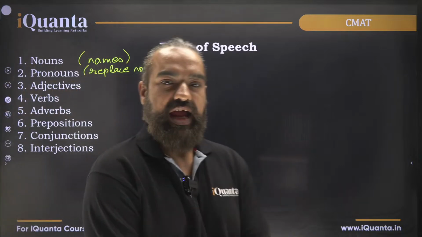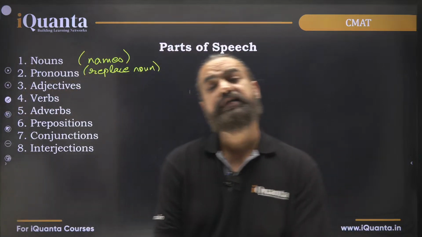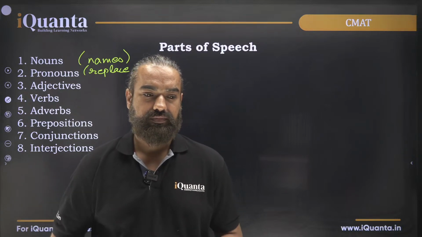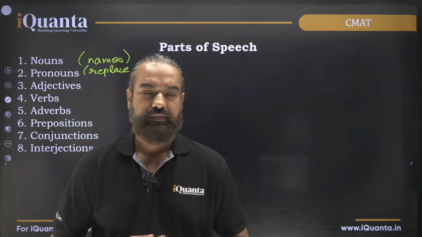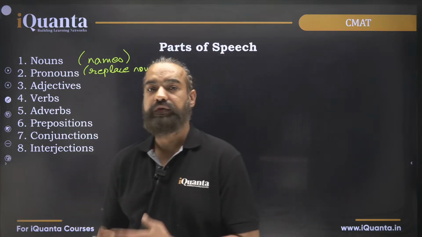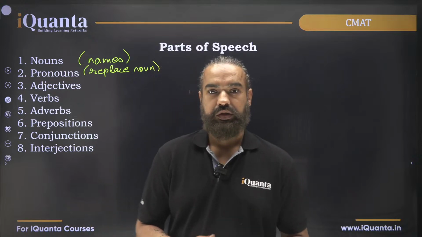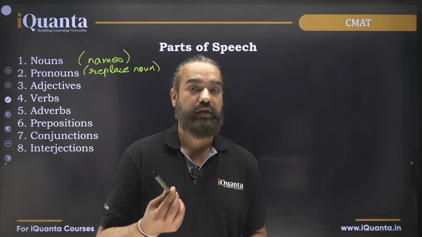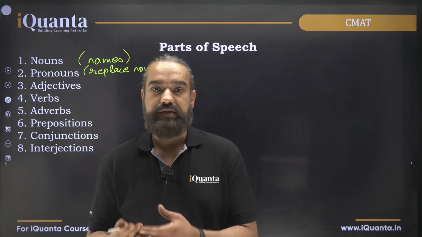Then we have adjectives. What is the function of adjectives? Adjectives are those words which tell you about the quality of a noun or a pronoun. This is a stylus. It is very smooth. So what is the quality of the stylus? It is smooth.